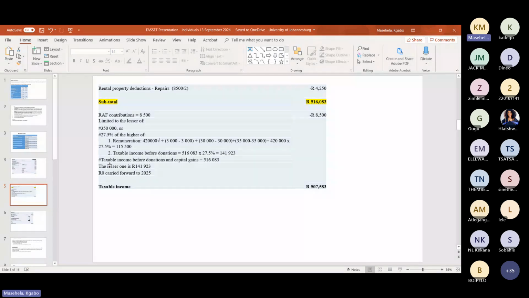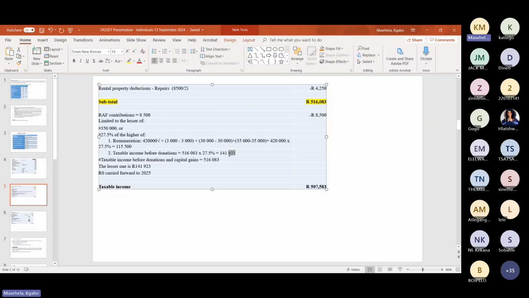And again, they say taxable income before donation. We have got our taxable income subtotal of 516,000 multiplied by 27.5%. Look at this. The amount is 141,923. Let's see the lesser between the two: 350,000, 115,500, 141.